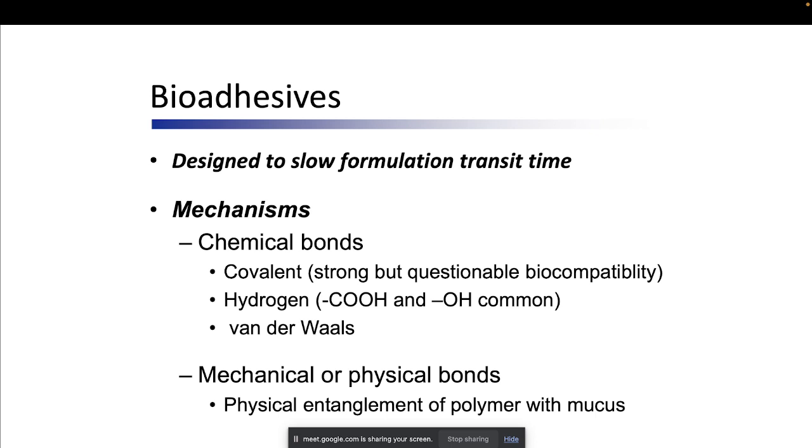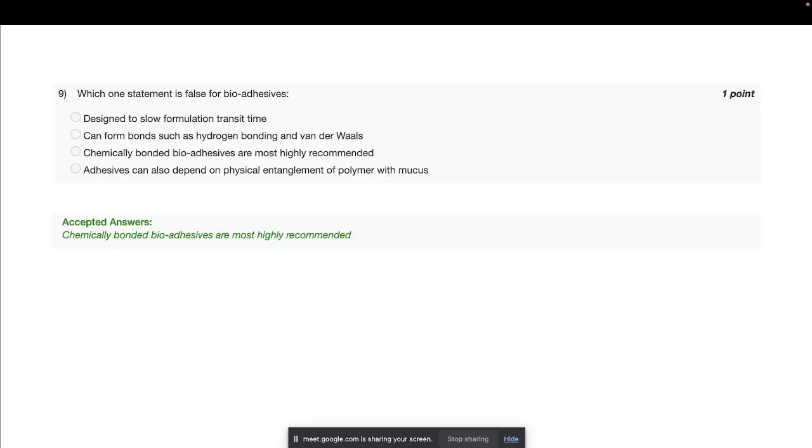You formulate them in such a way that they will interact with the mucus whenever given orally, and bind to that layer, and just stay there. Your drug molecule will stay there for a specific time and then slowly be released. If you have chemical bonds to your drug, it can affect the activity of the drug. So chemical bonds are not recommended. Covalent interactions are good, but they have questionable biocompatibility. Again, they can give rise to immune reactions. So one false statement for bioadhesives is chemically bonded bioadhesives are most highly recommended, which is not the case.